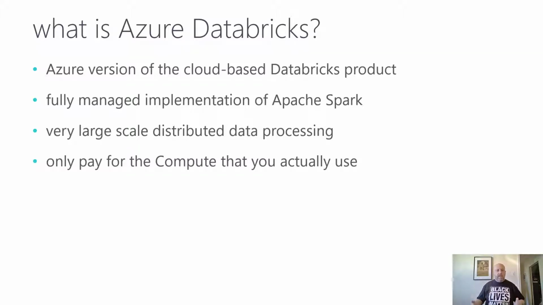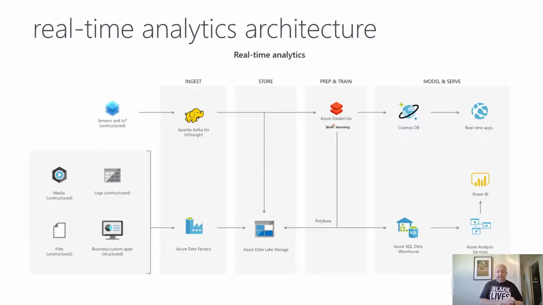We can just turn this on, only pay for the compute that we're actually using, and turn it back off. So very efficient that way. At its heart, Azure Databricks is simply a massively parallel data processing tool. And if we go back to the architecture diagram, we can see how it fits in the center of all these other technologies, sort of as the data processing engine.